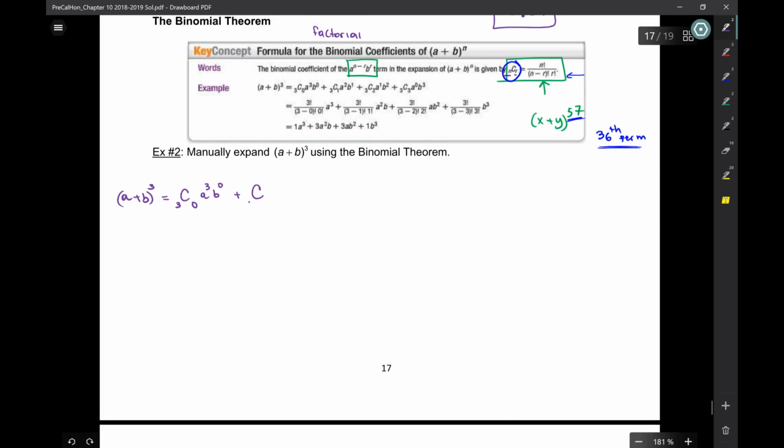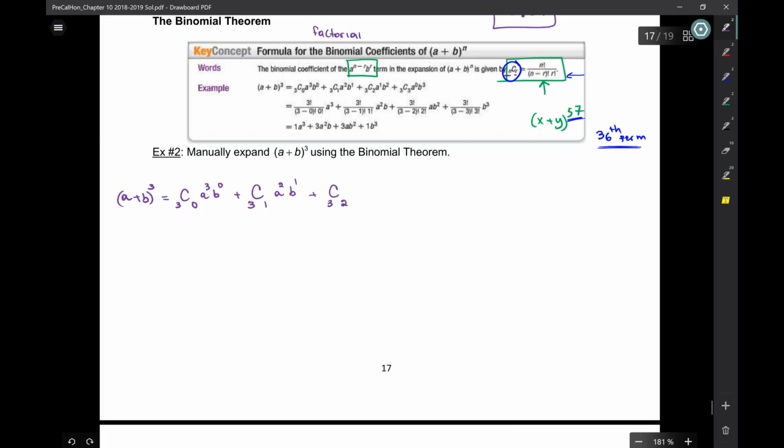So what is this one? This is n, and then you have r. n is always the same, and then r is now 1. It went from 0 to 1. And then we have a to the 2, b to the 1. Plus C, 3, 2.